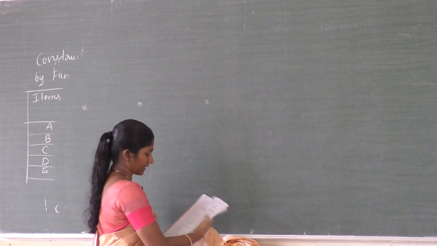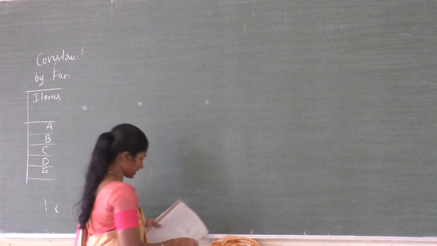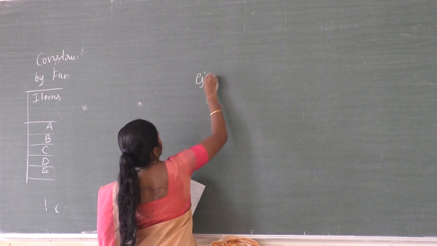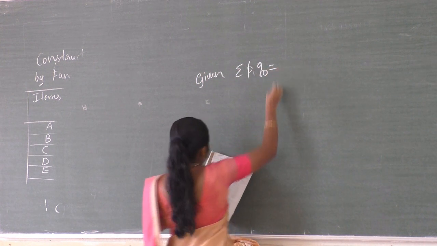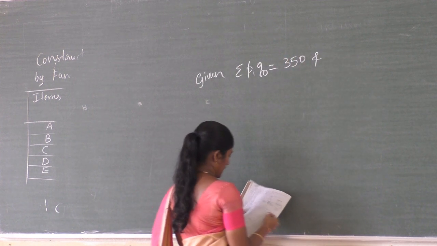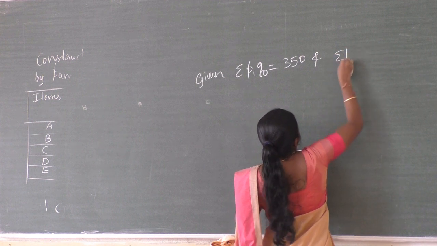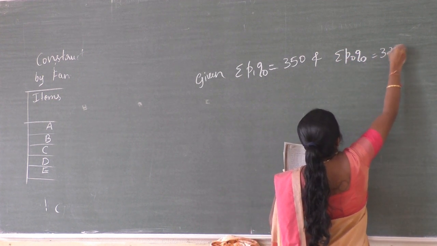So I will do the aggregative expenditure method formula. They have given summation P1 Q0 as 350 and summation P0 Q0 as 325.